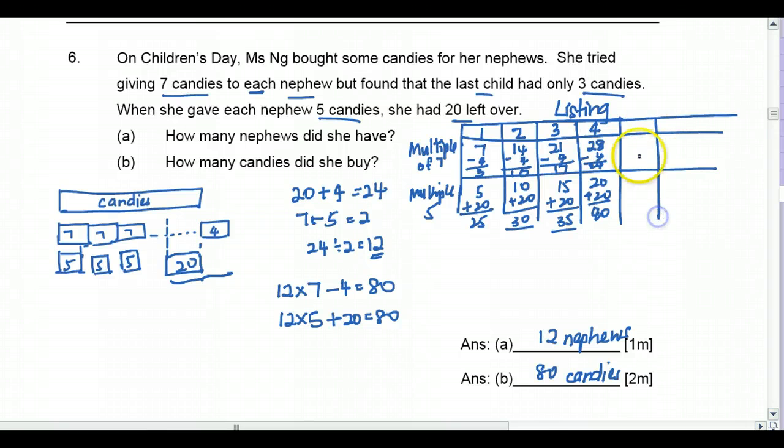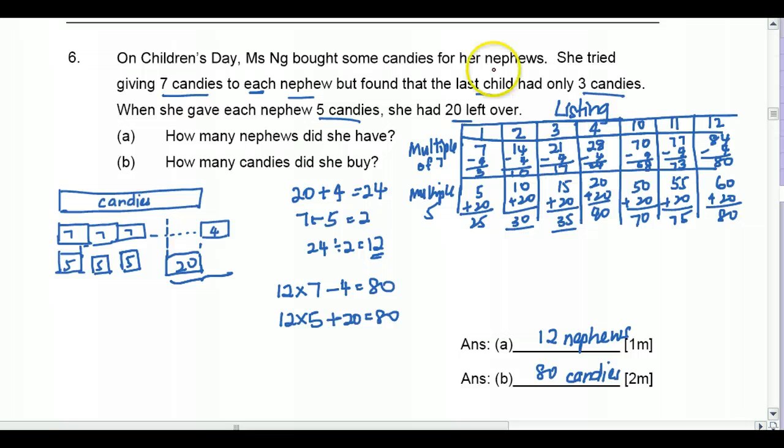I'm going to fast forward to 10. 7 times 10 is 70, minus 4, I would have 68. 5 times 10 is 50, plus 20, I have 70. 11 nephews, 7 times 11 is 77, minus 4, 73. 5 times 11 is 55, plus 20, 75. 12 nephews, 7 times 12 is 84, minus 4, I have 80. 5 times 12 is 60, plus 20, I have 80.